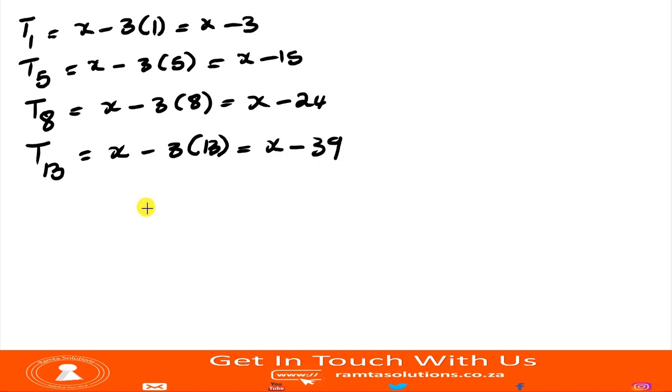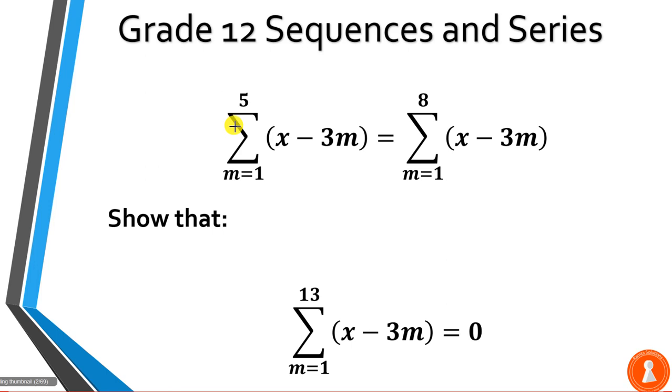So I'm going to use the sum of terms for an arithmetic series. I will use n over 2 into first term plus last term. Let's begin with this one because it'll assist us in getting the value of x.